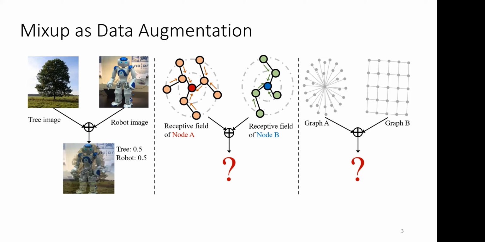Thanks. I see. Because this is perhaps what the chat question means. The chat said, okay, isomorphism problem. I mean, for example, if two nodes have the same class, their receptive field, the subgraph, may be isomorphic.